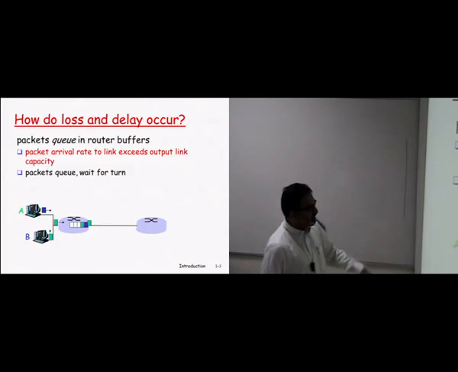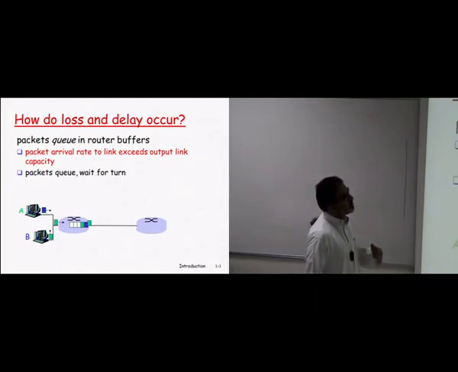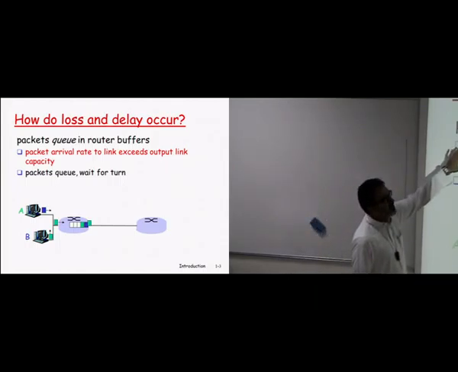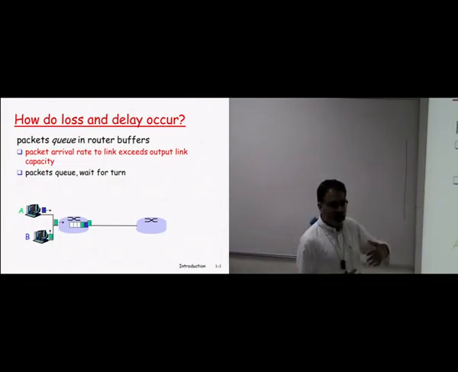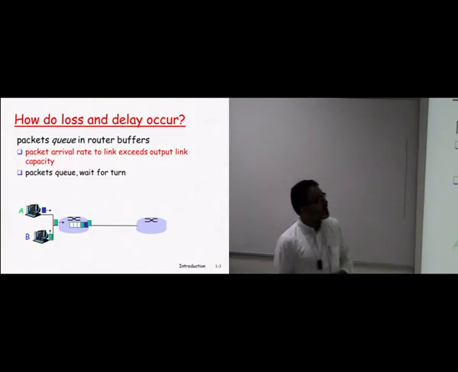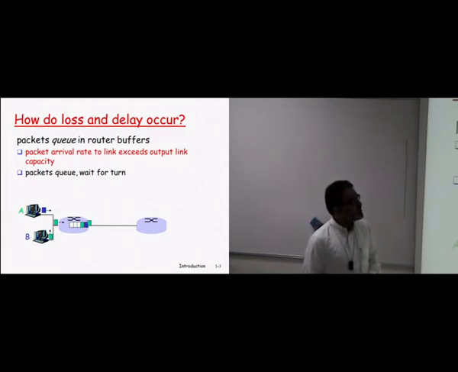So packet arrival rate to the link exceeds the output link capacity. What will happen in that case? Definitely, to some extent the packets will be stored in the queue, and after that they will start dropping.